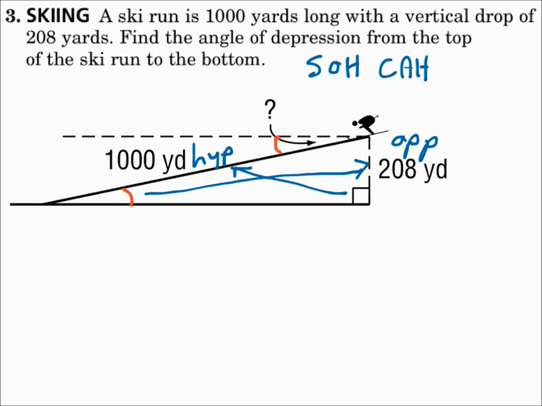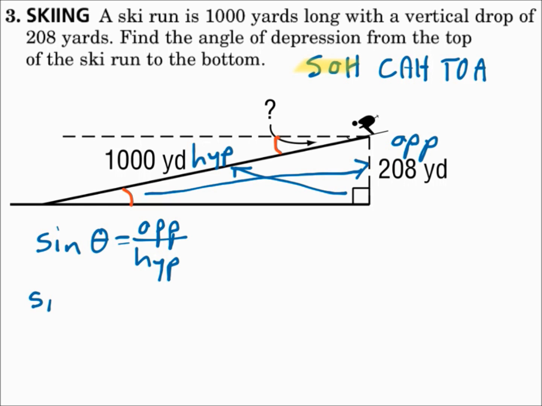So will I use sine, cosine, or tangent? Since I have opposite and hypotenuse, I'll use sine. Sine of theta equals opposite over hypotenuse. Substitute in. My angle is x, opposite is 208, and hypotenuse is 1,000.